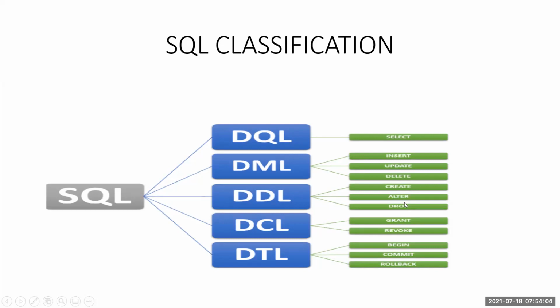Can you see that? Now, once you have created that structure of the table, what is the next thing you do? You start populating the table, isn't it? That is called what? Data manipulation language. That's why we talk about insert, update, delete. Please take note, manipulation is not fraud.